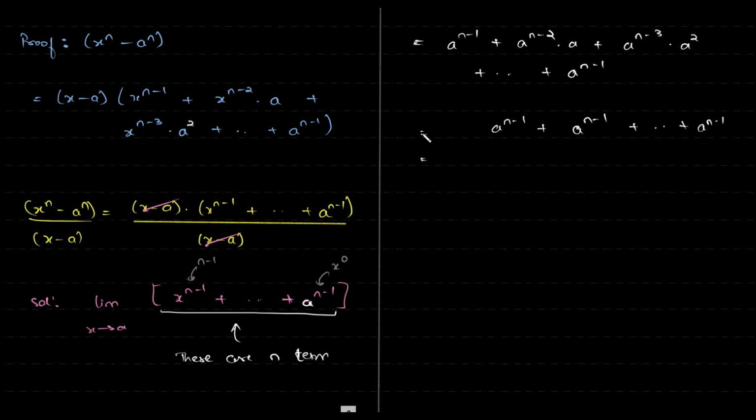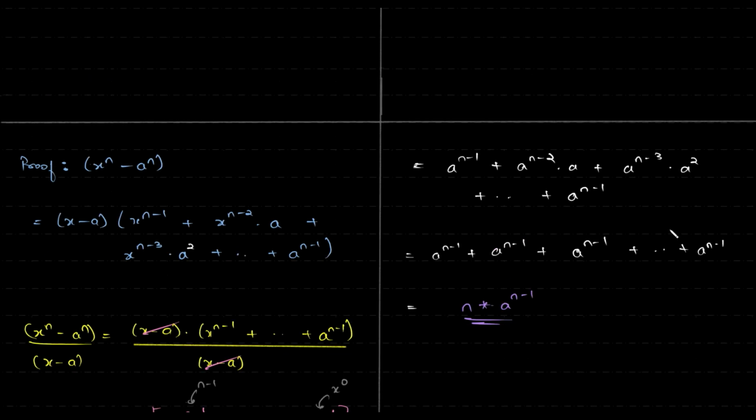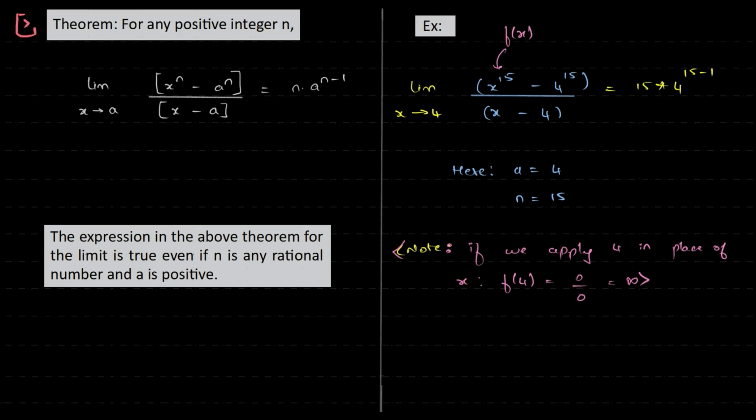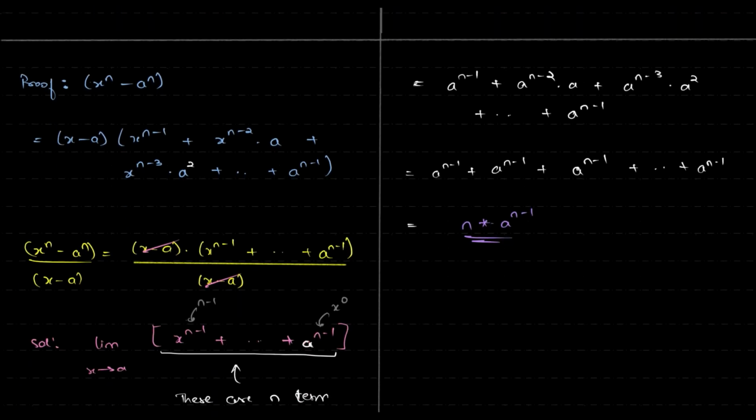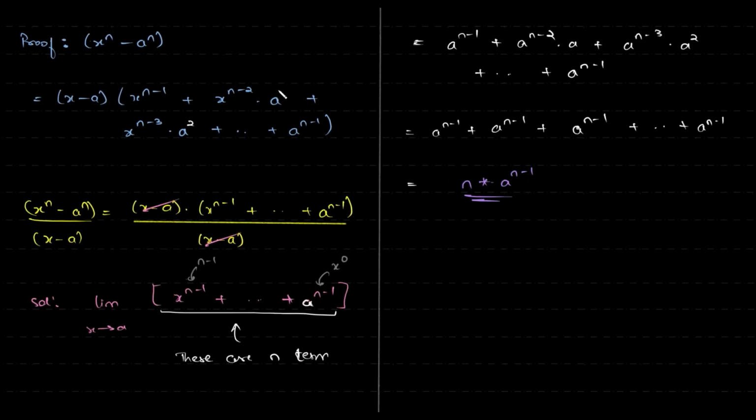N times, is it not? So there are n such things, so n times a to the power of n minus 1. And that is our answer. It's important for us to remember this formula. It is useful in quite a few places.